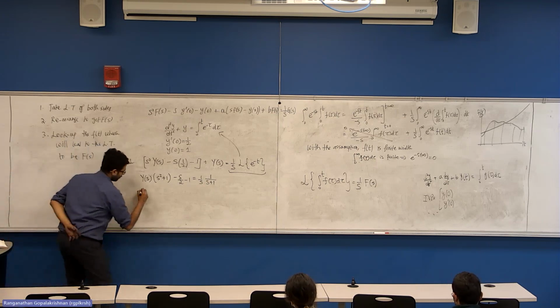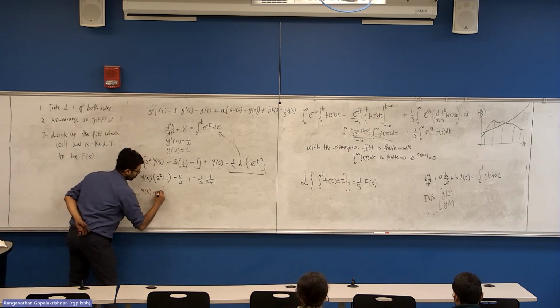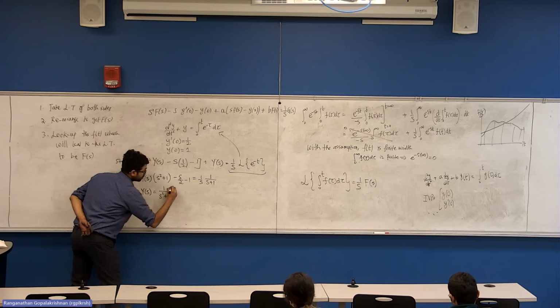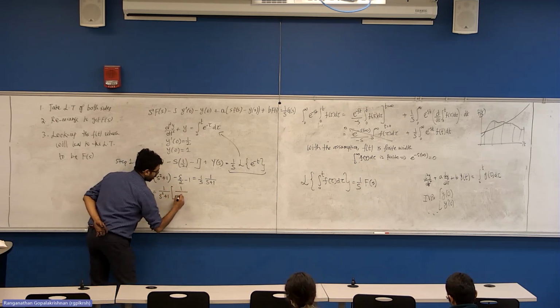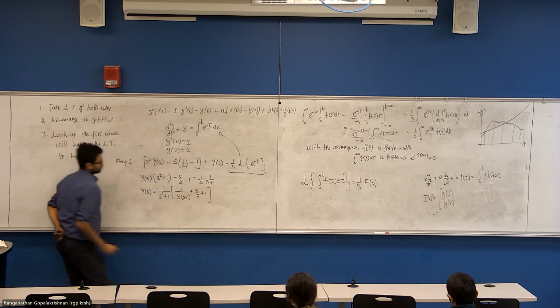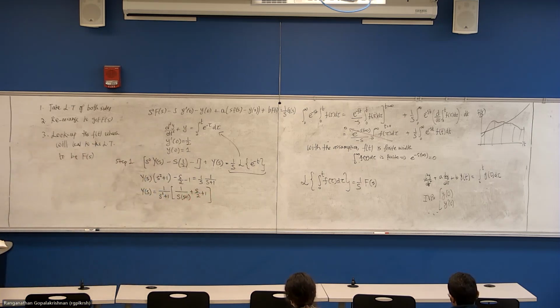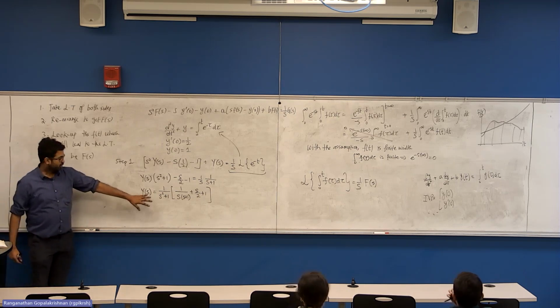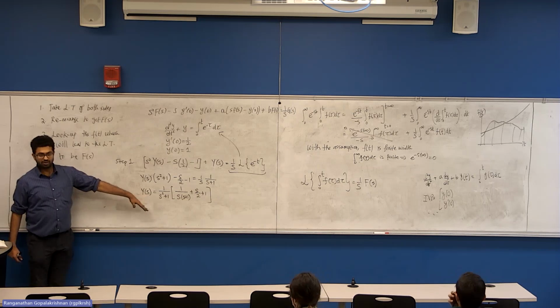So you will have y of s equal to 1 over s squared plus 1 times 1 over s times s plus 1, plus s divided by 2 times s squared plus 1. Your real headache is actually now. You need to get the inverse of this.